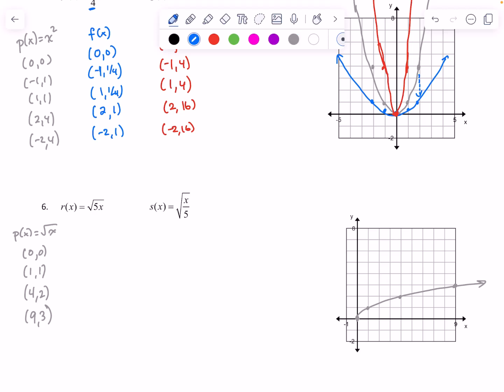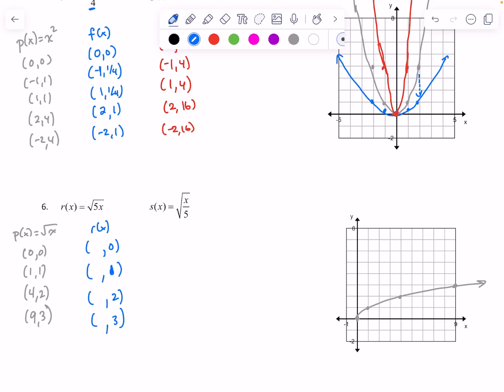So for r of x, remember we're multiplying by 5 inside, which means that to figure out the new coordinates, we're actually going to be dividing by 5. This is going to be a shrink of sorts. So for r of x, our y coordinates don't change, but we're going to take each of our x's and divide it by 5.